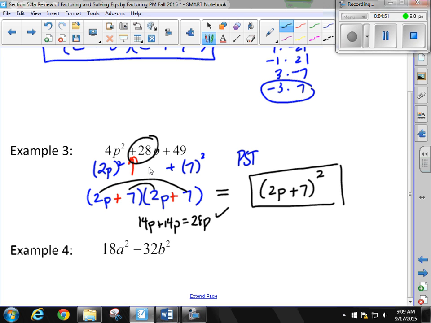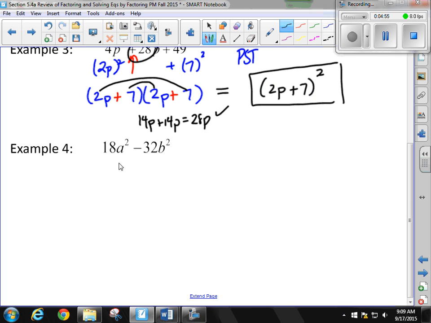And this is our last example here, number 4. Again, first I always look for that greatest common factor. When I look at this, 18 and 32 have a common factor of 2. I'm going to factor out the 2, and what I have left is 9a squared minus 16b squared.